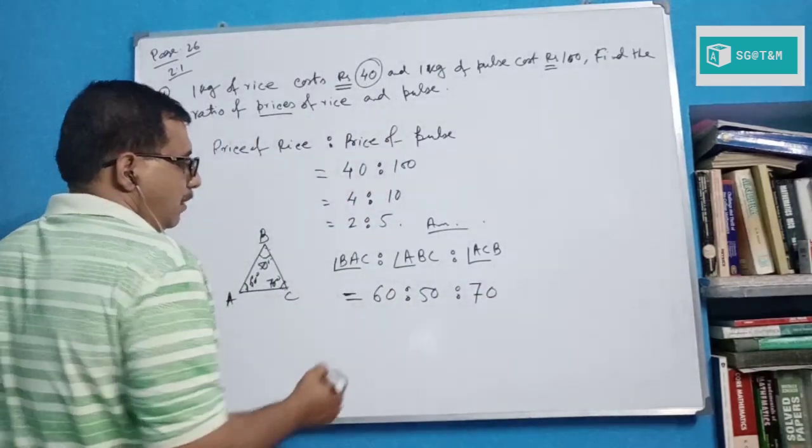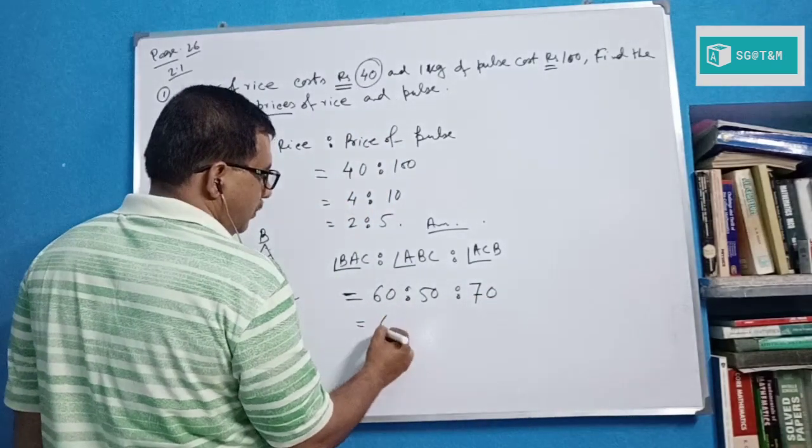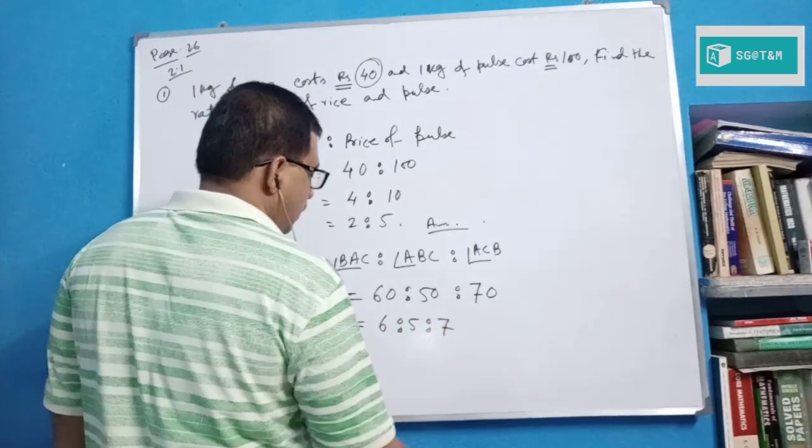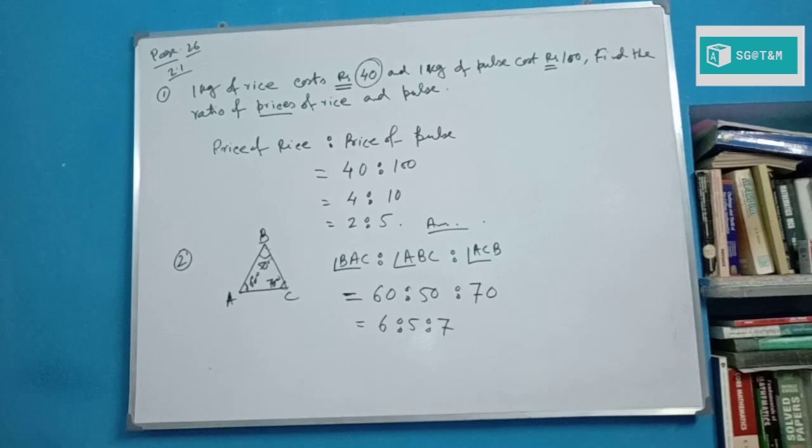Now if we divide all these by 10, we get 6, 5, 7. So the ratio is 6 is to 5 is to 7. It's clear to all.